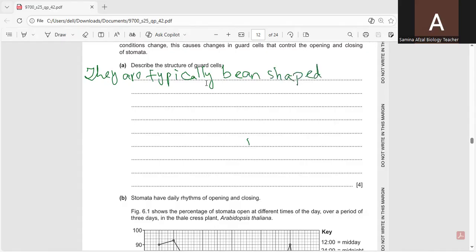They are typically bean shaped, and we can add the word kidney bean shaped, and exist in pairs.